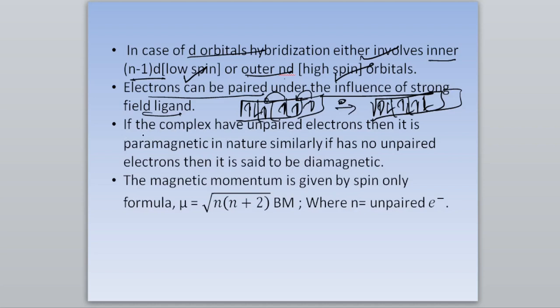And the next feature is if the complex has unpaired electrons, then it is paramagnetic in nature. Similarly, if it has no unpaired electron, then it is diamagnetic in nature.